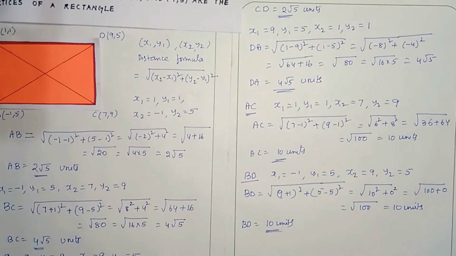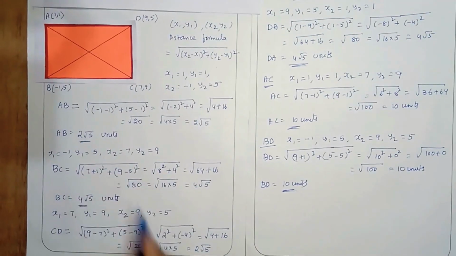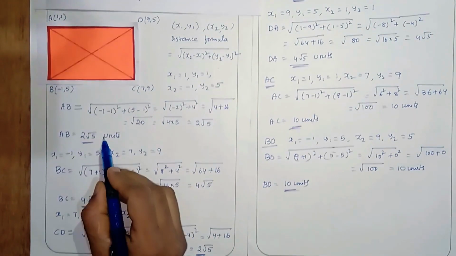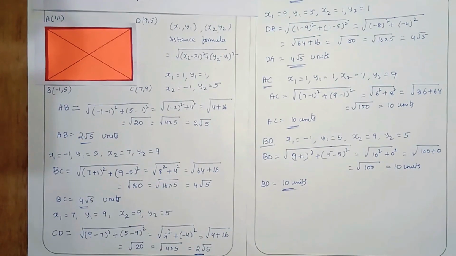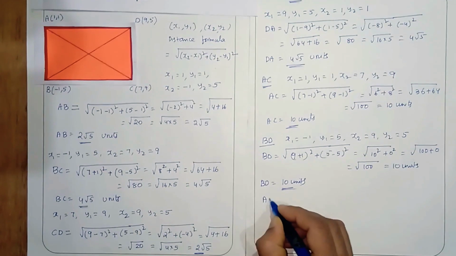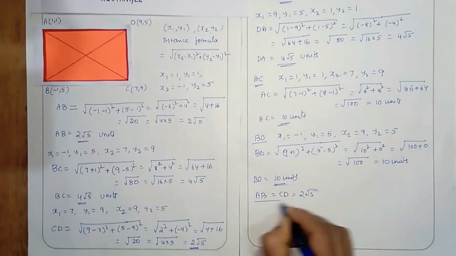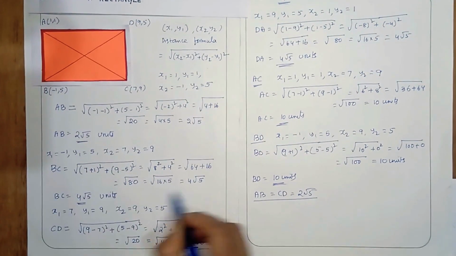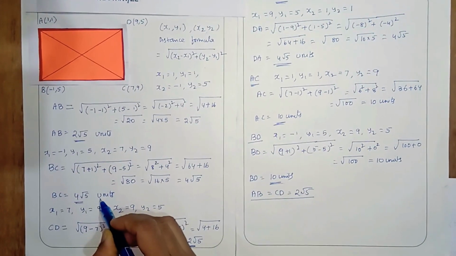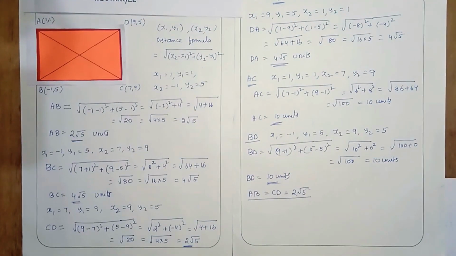Now, observing our results, we see that opposite sides AB and CD have equal lengths of 2 root 5. And the opposite sides BC and DA have equal length of 4 root 5.